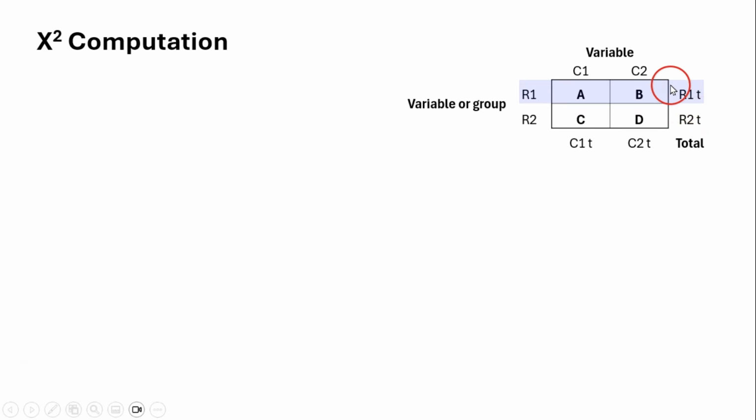So if you add up the row 1 total and the row 2 total, you get the total response. And the total response should also be equal to the column 1, column 2 totals. As a check, you want to make sure that everything adds up together.